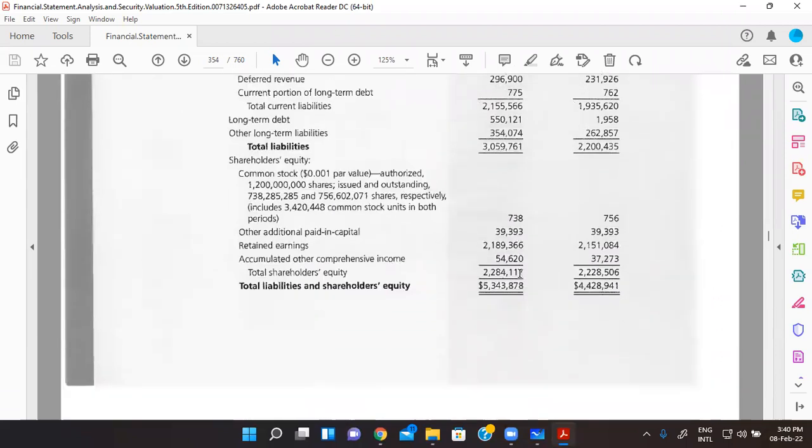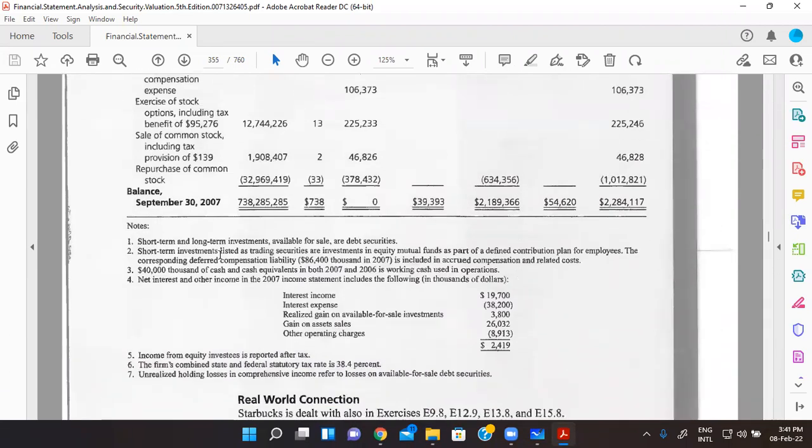If you have the text, you can follow from the text. It has been mentioned that short-term investments listed as trading securities are investments in equity mutual funds as part of the defined contribution plan for employees. The corresponding deferred compensation liability is included in accrued compensation and related cost.